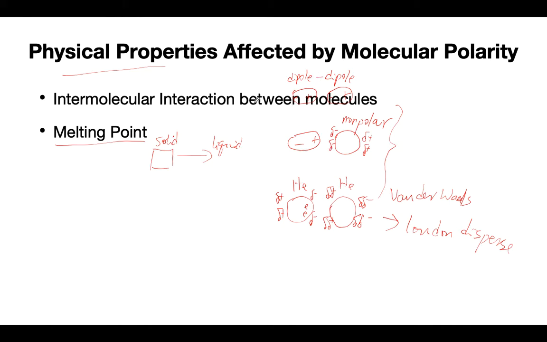If the molecules stay in the solid, they cannot move around, so they are fixed to the crystal lattice. But in the liquid, molecules can easily flow around, so they have more freedom in motion, but the interaction will be smaller. So you can tell the stronger the interactions, the higher the melting point.